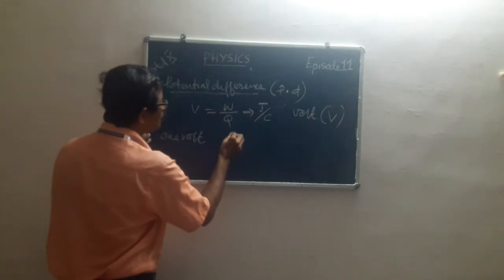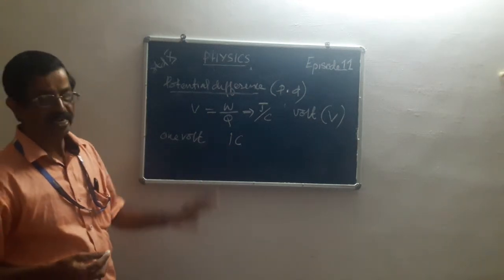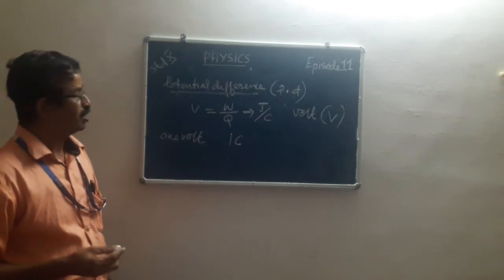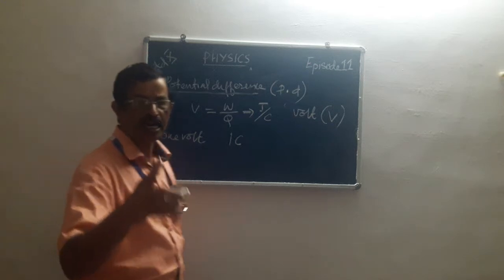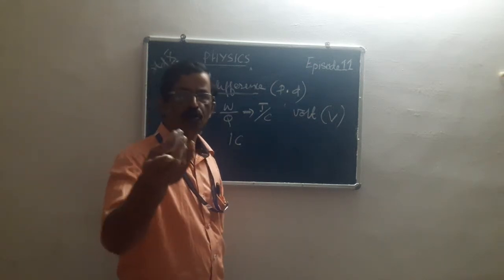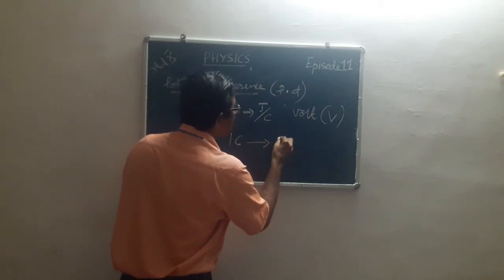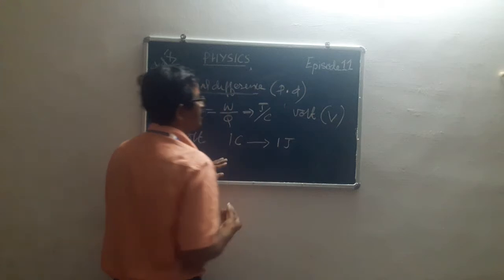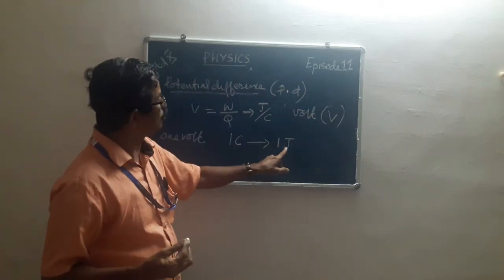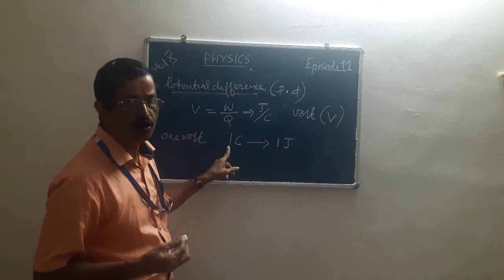Suppose 1 coulomb charge flows through a conductor. We know that to flow charge through a conductor, there must be work done. So suppose 1 joule work is done to flow 1 coulomb charge.